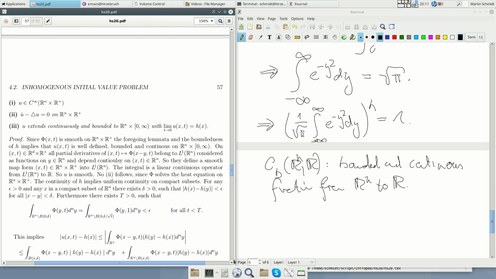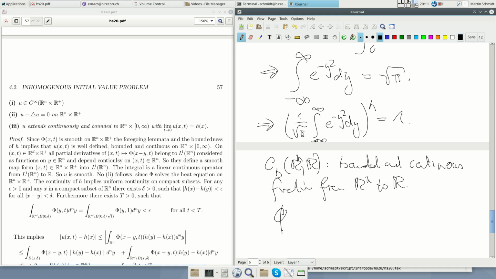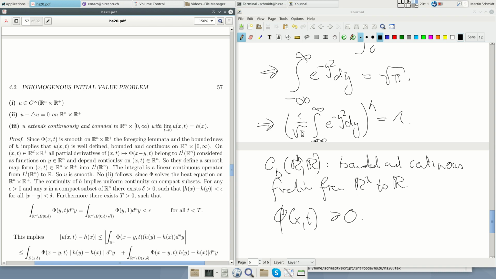Okay, first of all, phi is smooth on Rn, and by the foregoing lemma it's clear that phi is smooth. Phi of x,t is positive and smooth, and the integral is 1.